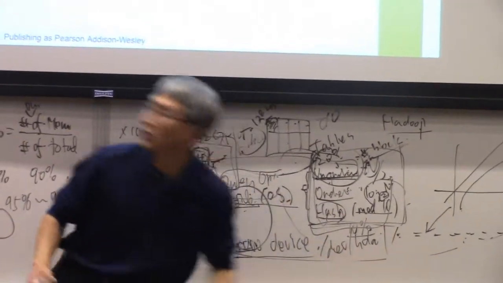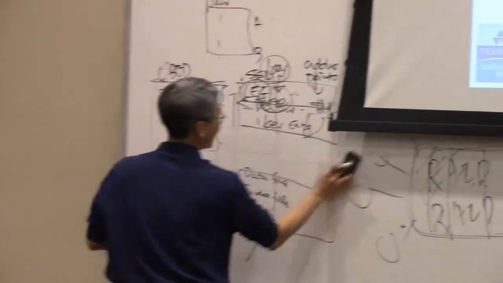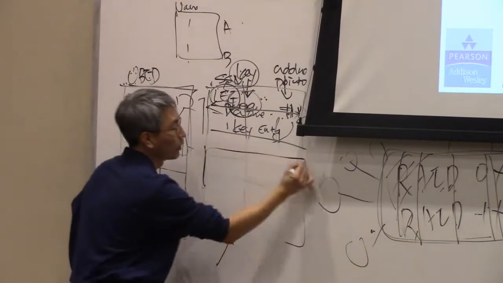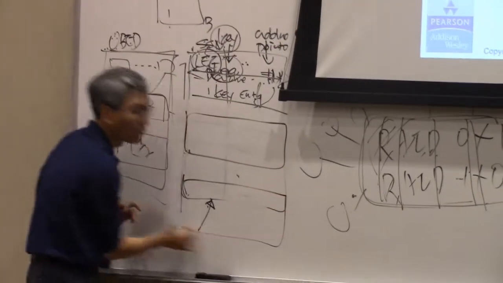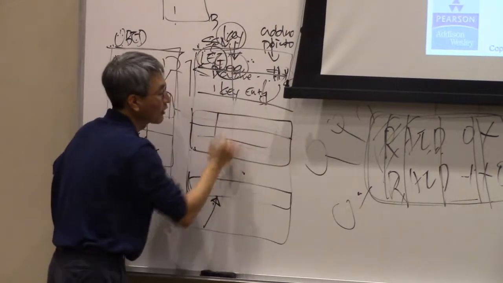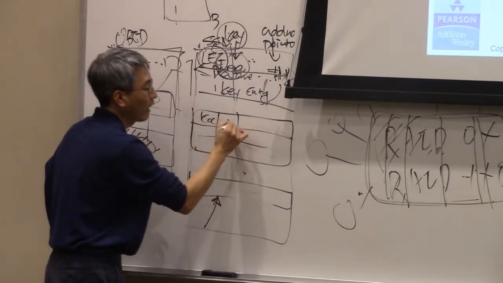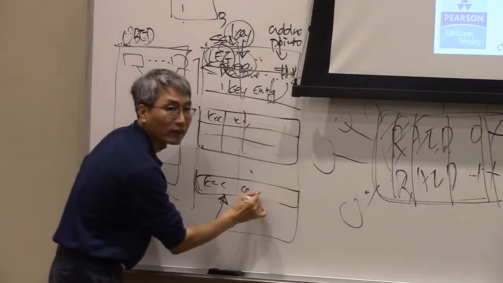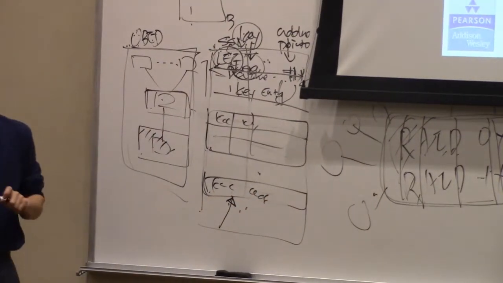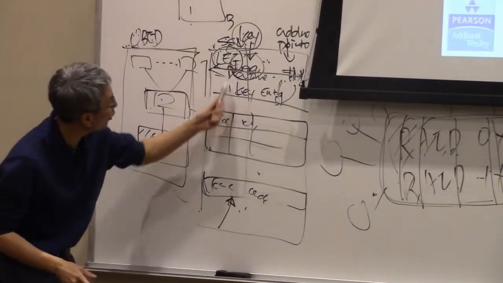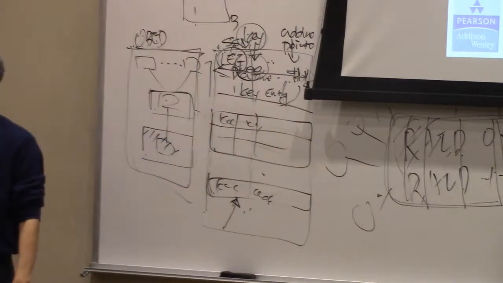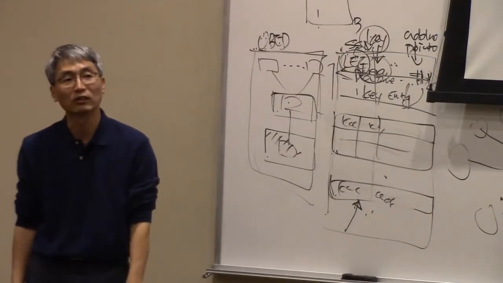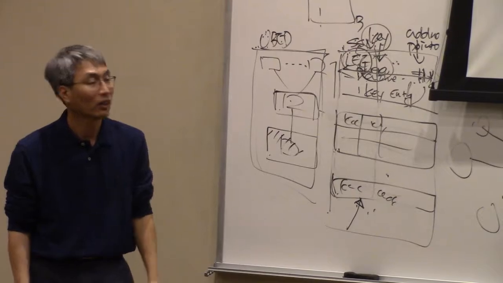For example, if you are using a file, a number of blocks will be allocated. Each block has the key and address. Okay? Then, depending on how the key entries are organized, there are different types of index.